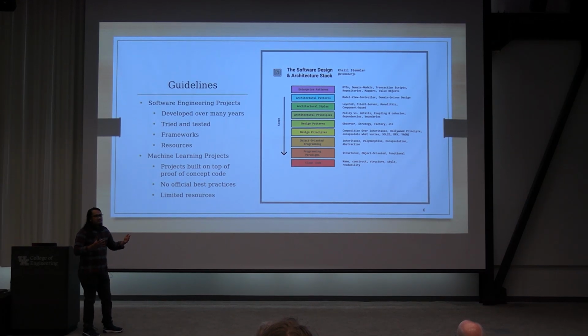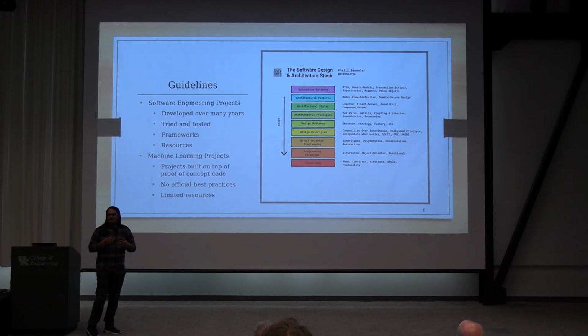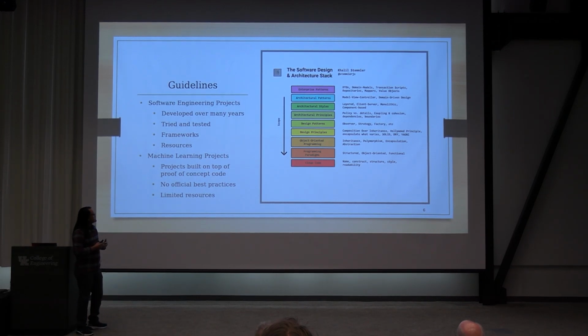But basically, they have lots of design patterns, guidelines, architectural designs, and all those things. And these guidelines have been developed over many years, and they've been tried and tested by people in the industry. They have really good frameworks, a lot of resources.